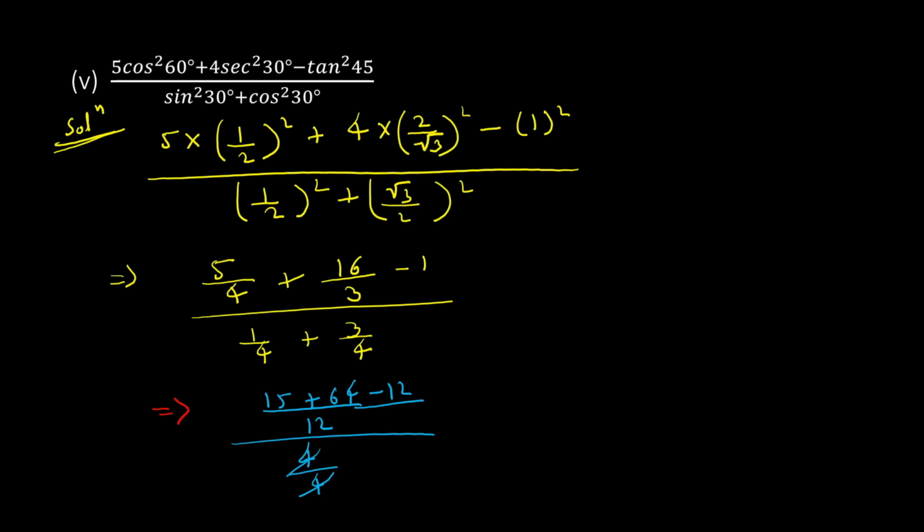It is cancelled out. Now what is remaining? 15 plus 64 equal to 79 minus 12 upon 12. So it comes out as 67 upon 12. It is the answer. Now this question has been solved.